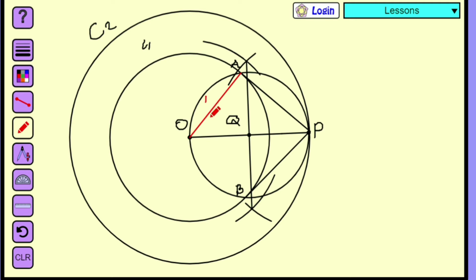We know that it is 4 centimeters. And OP, the radius of circle C2, is 6 centimeters. And we should find the length of AP.